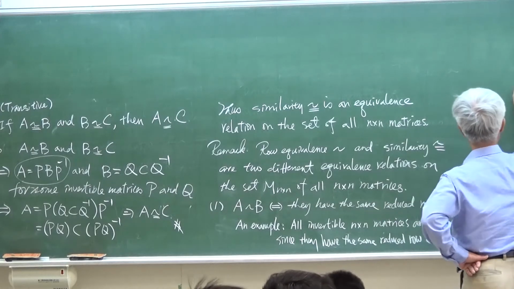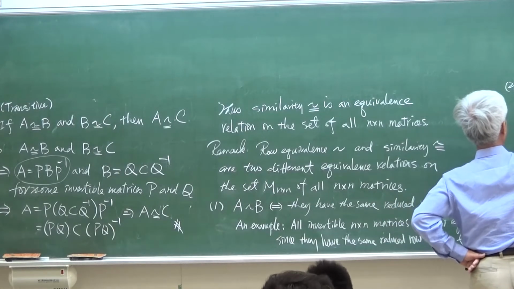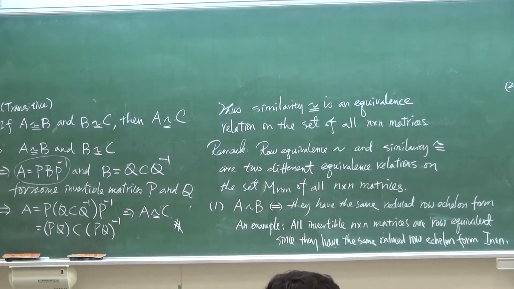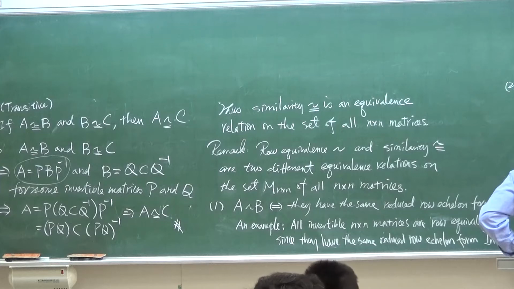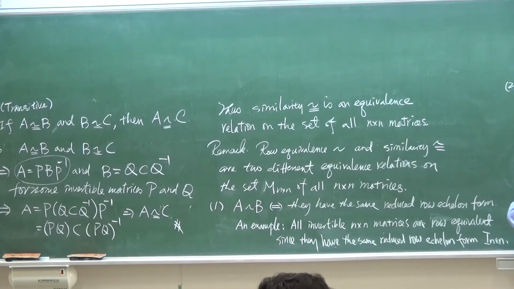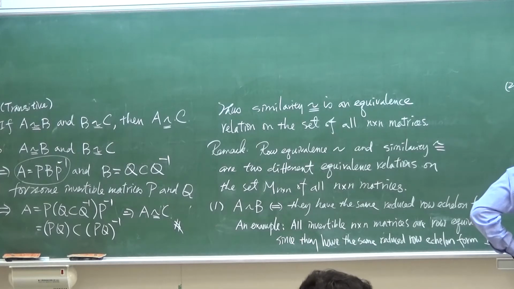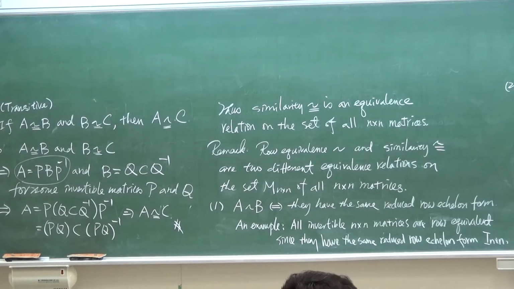But here A is similar to B if and only if there exists an invertible matrix P such that A is equal to P inverse B P. And you will see that it is possible that two invertible matrices are not similar to each other.